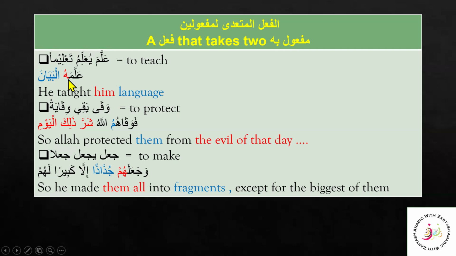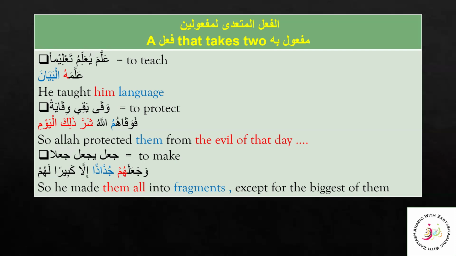as we did, all the attached pronouns that are attached with the fi'l are always the maf'ul in the sentence. They will be nasab. Don't be confused if it has a dhamma; remember that if it is attached with a fi'l, it is always a maf'ul bihi, a direct object, and it will be in the nasab state.